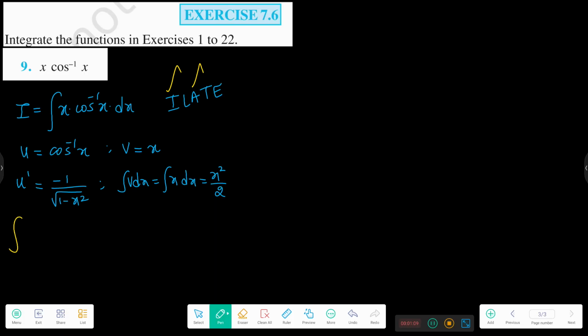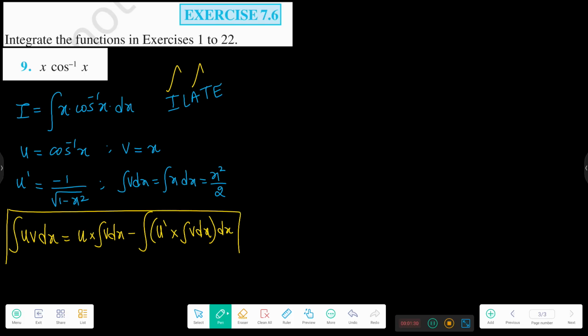The uv formula: integral uv dx is equal to u into integral v dx, minus integral of u dash into integral v dx, overall dx. So in the formula we will apply all those things.